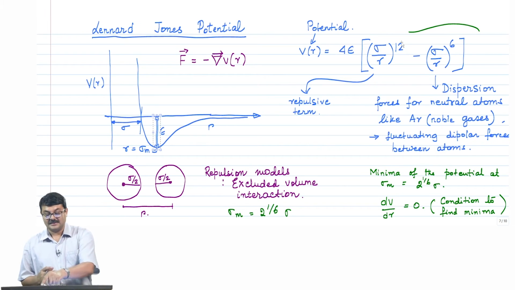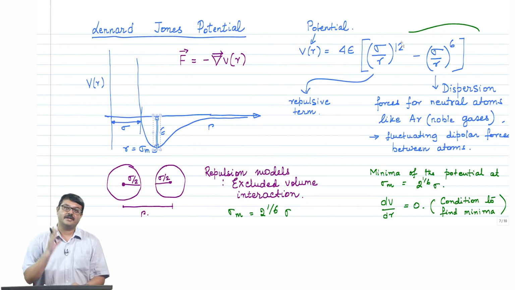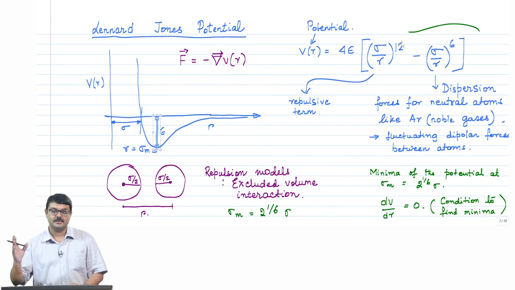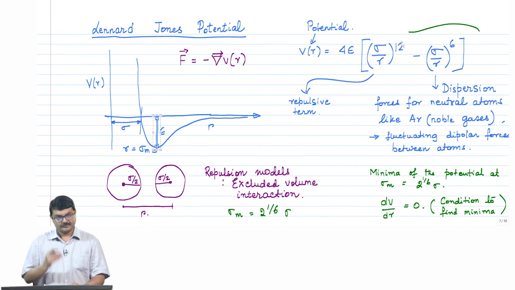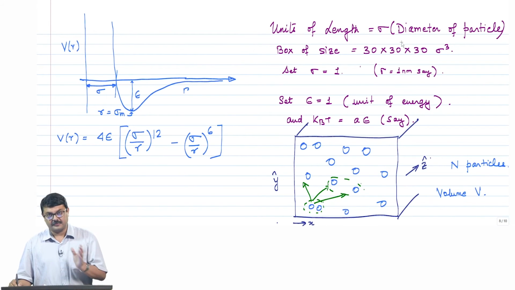This attractive energy would dominate, the potential energy would dominate over the kinetic energy, because the kinetic energy is related to kBT: half mv square equals half kBT per degree of freedom. Or half mv square, v is the speed, then v square is 3 by 2 kBT if you take the 3 degrees of freedom. So, that is the picture.